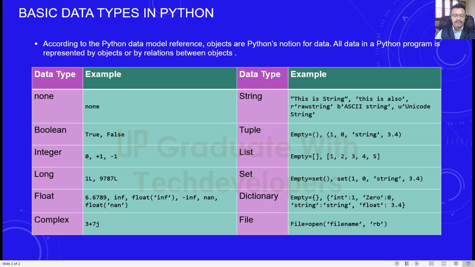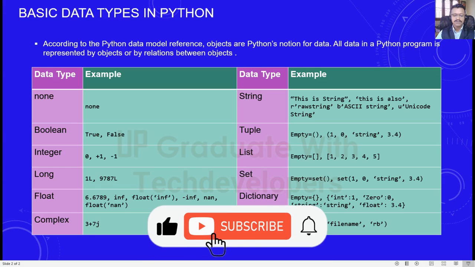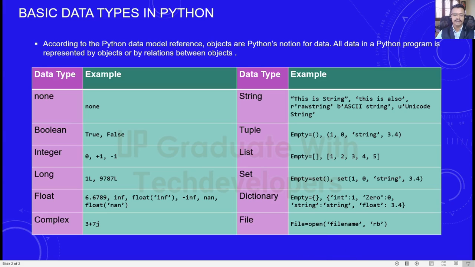Next we have float. Floating point numbers are nothing but numbers which have digits after the decimal point. So here you can see the decimal point and the numbers. Infinity or infinite number is also a floating point number.